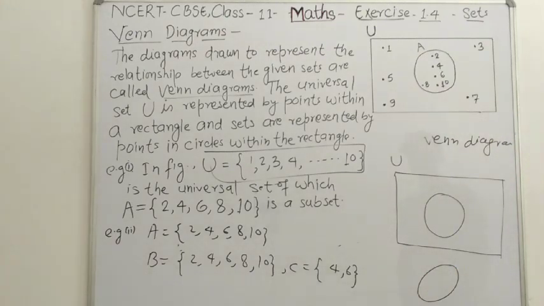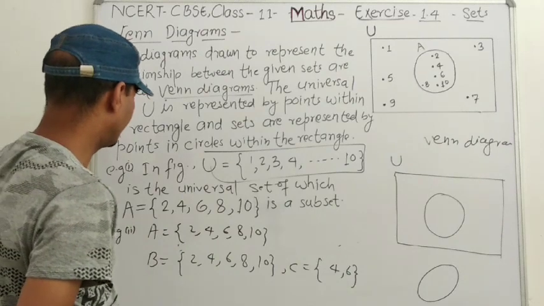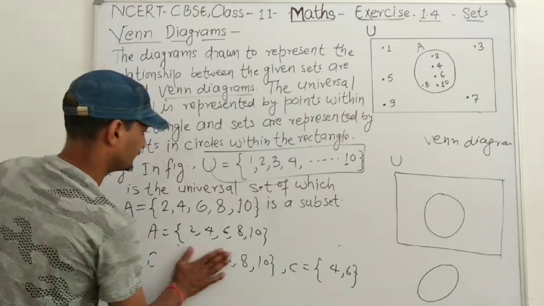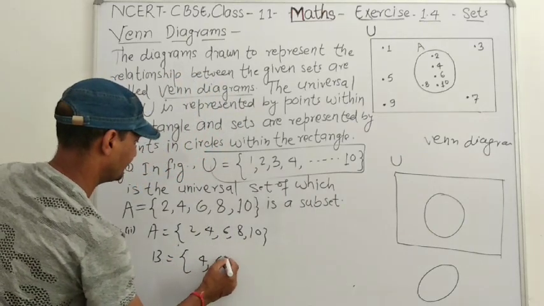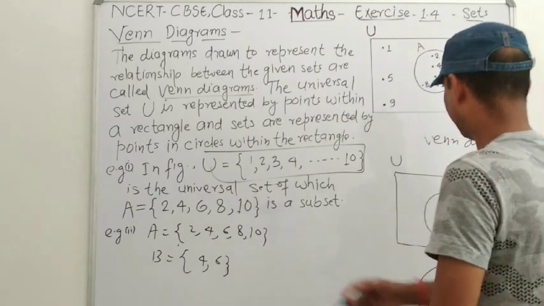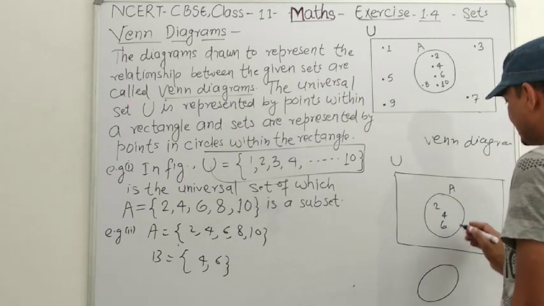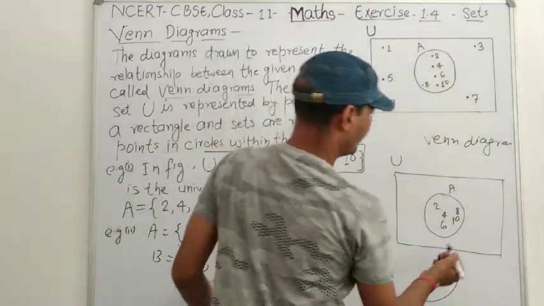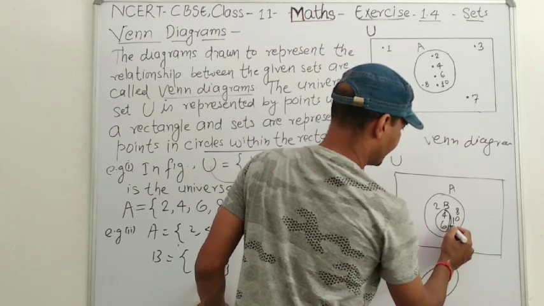So A is 2 4 6 8 10, and B is 4 and 6. Where is B? B is made like this. This set is B.